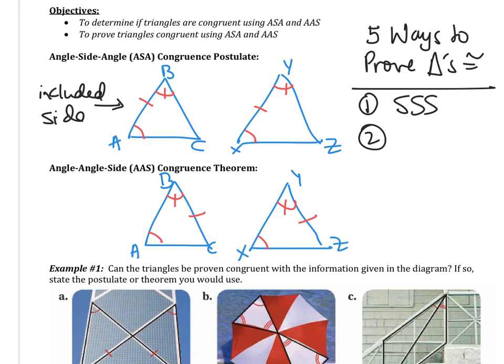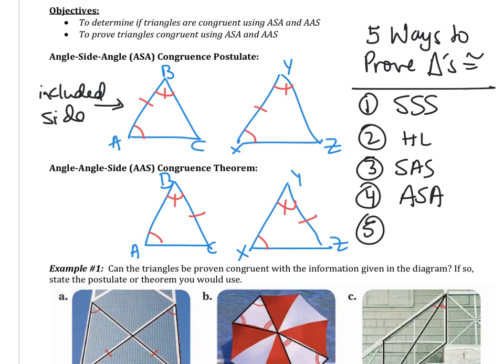Maddie? HL. 3. Angel. SAS. 4. ASA. And 5. Mary? AAS. Okay? And those are all 5 ways.